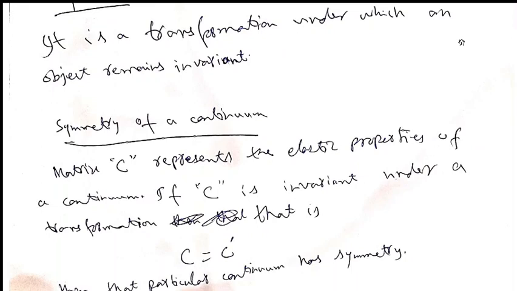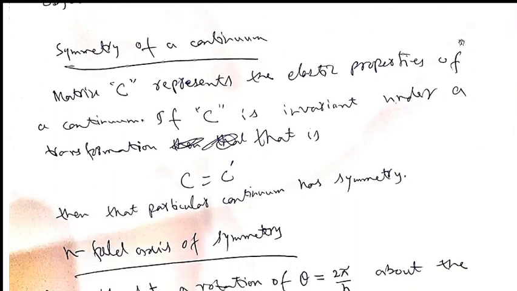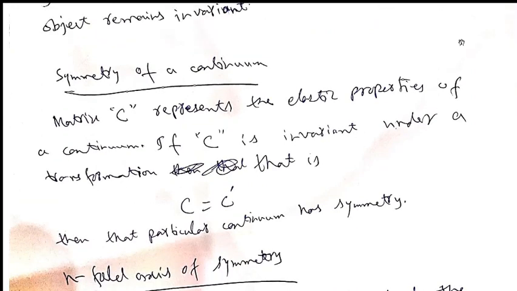Now we will have to discuss this symmetry in our continuum. Based on this symmetry, we will have different types of continuum. We know that our matrix C represents the properties of the continuum, like we say that F = kx in Hooke's law.